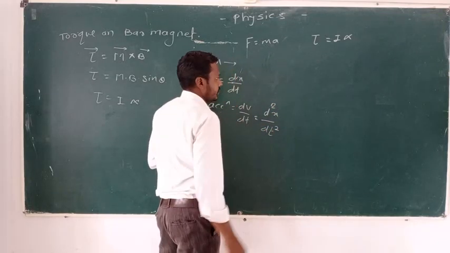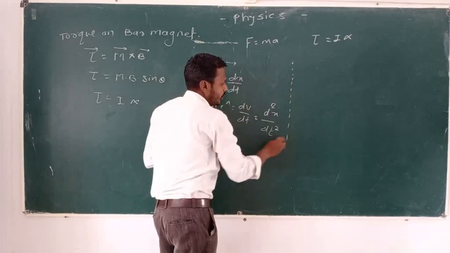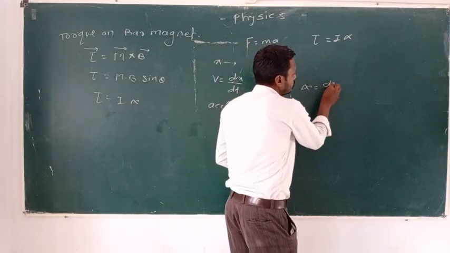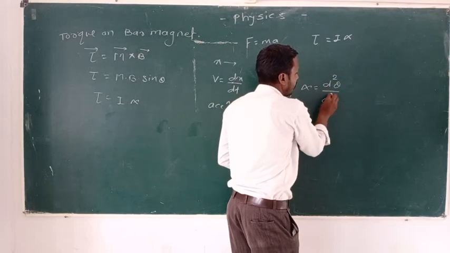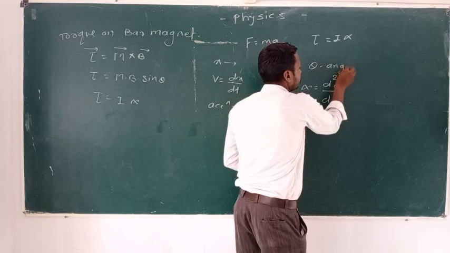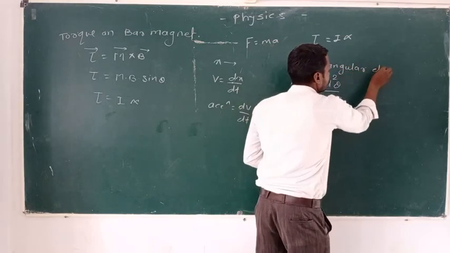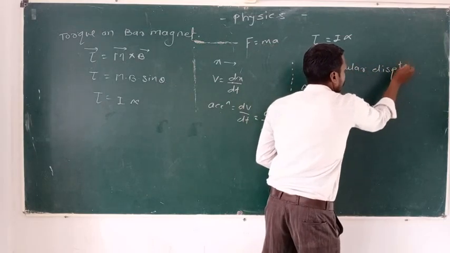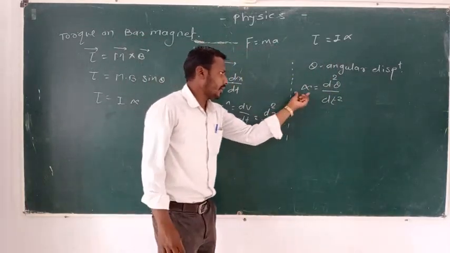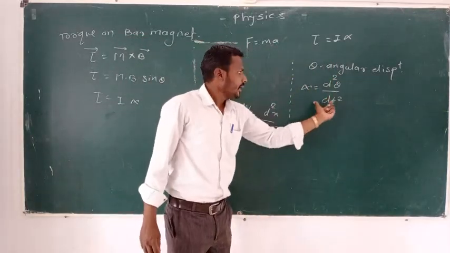Yes or not? Yes. Similarly, I can write alpha is equal to d2 theta by dt square, where theta is angular displacement.